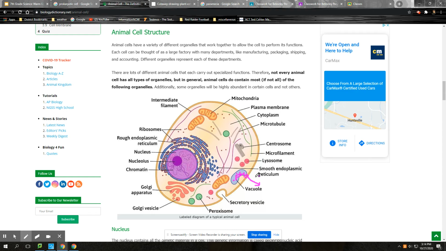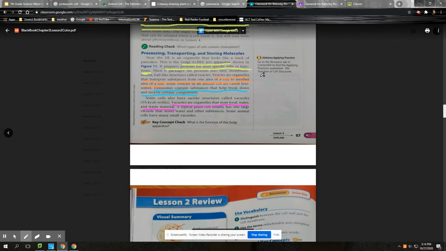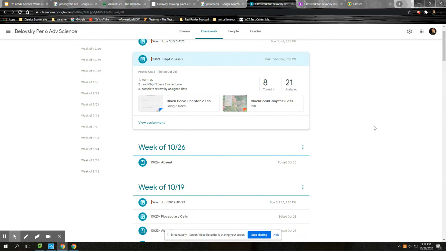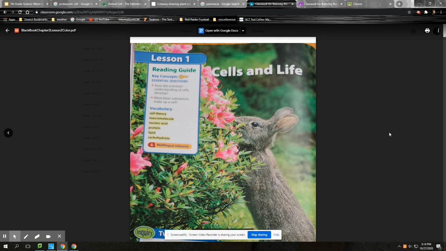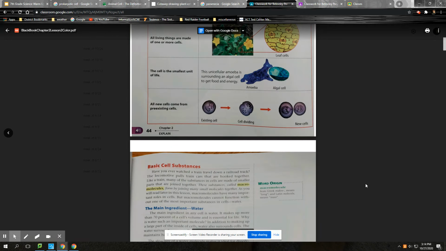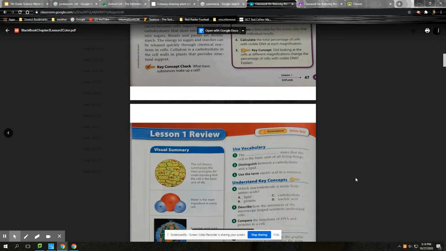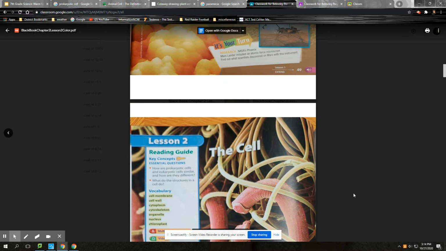So those are the definitions. I'm not sure if I covered eukaryotic cells or organelles, so I may have covered those and I may not have. Let me scroll down again.